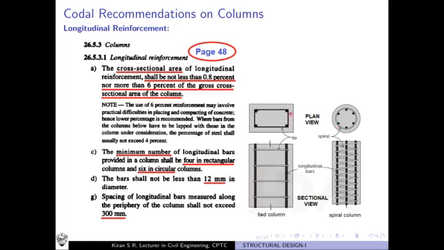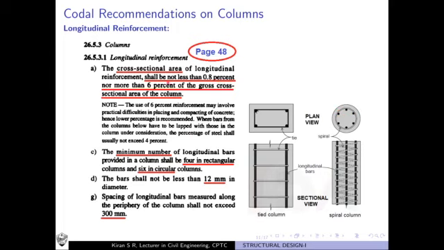So you can determine the area of the cross-section of these longitudinal bars. The cross-sectional area of longitudinal bars should not be less than 0.8% of the gross cross-sectional area of the column. Of the total cross-sectional area of the column, the area occupied by the longitudinal bars should not be less than 0.8%, and it should not exceed 6%.